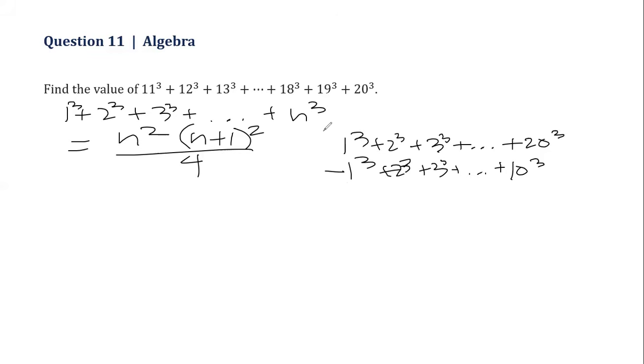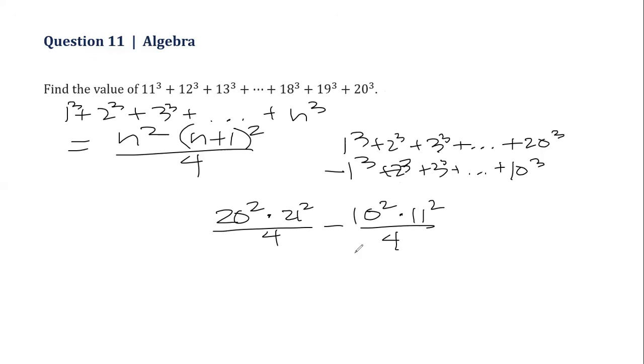As you can see, this is the same thing. So we're going to apply this. We get 20 squared times 21 squared over 4 minus 10 squared times 11 squared over 4.